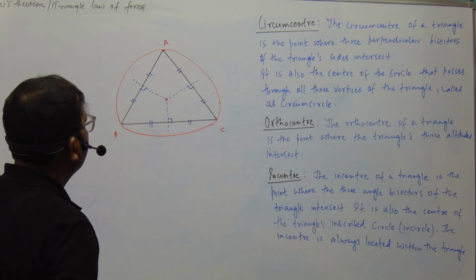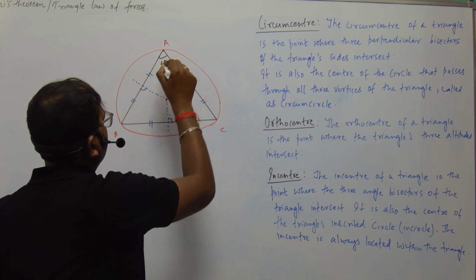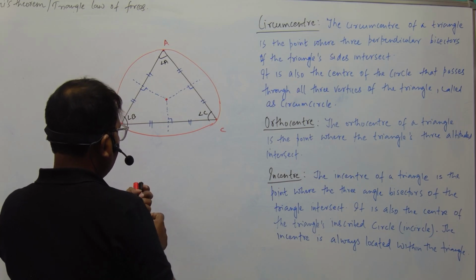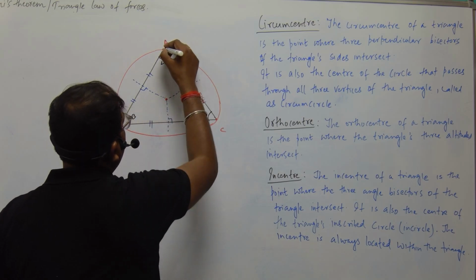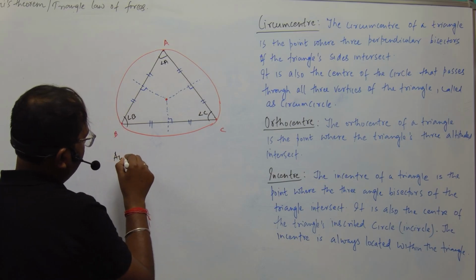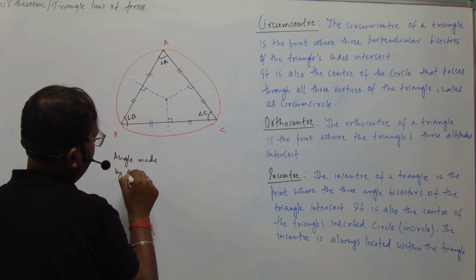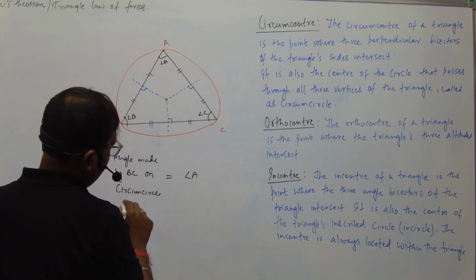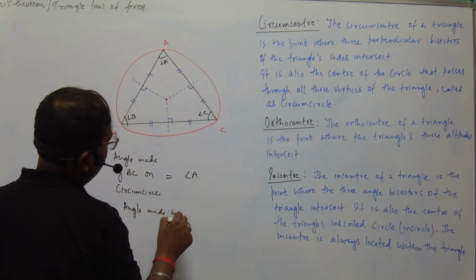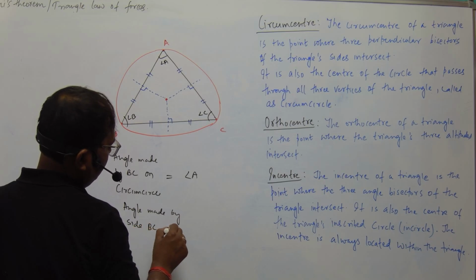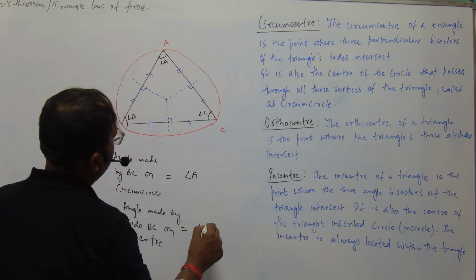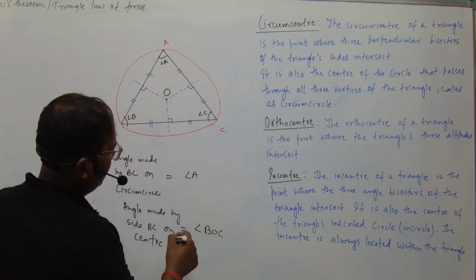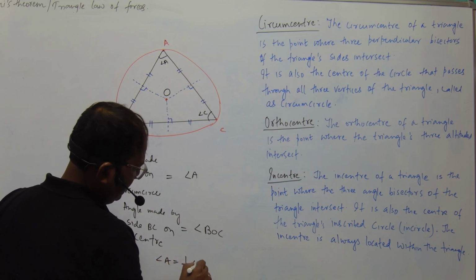Now the concept here is that let us take this as angle A, this is angle B, and this is angle C. The angle made by a side of a triangle on the circumcircle: let us consider the angle made by BC on the circumcircle, which is equal to angle A, and the angle made by side BC at the center O is angle BOC. So angle A is equal to half of angle BOC.